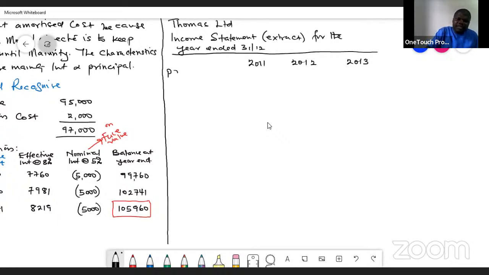So we have P&L, that is interest income. So we have 7,760, we have 7,981, we have 8,219.